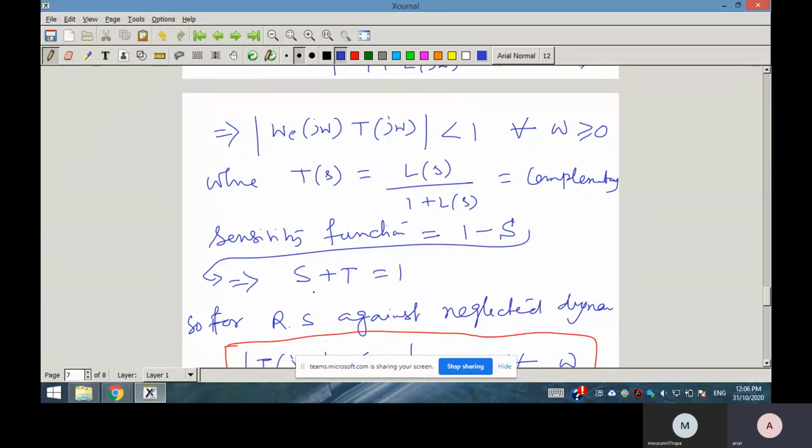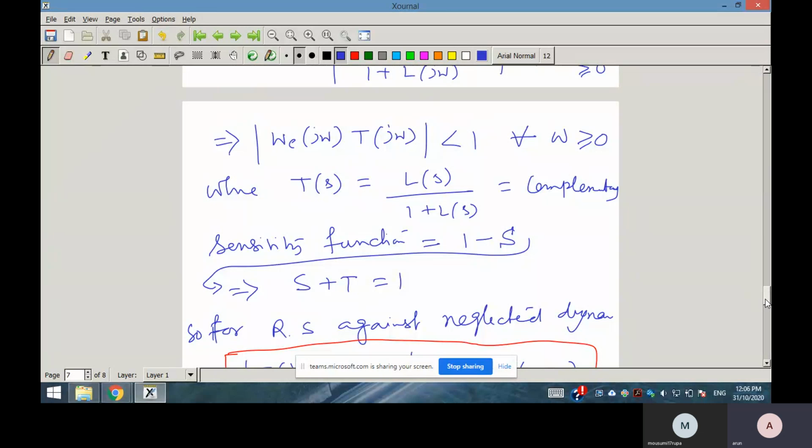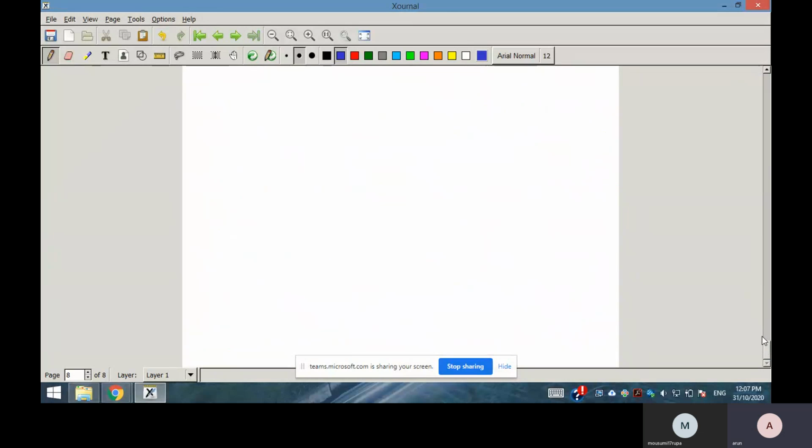Otherwise, this constraint S plus T equal to 1 causes a lot of problems. You cannot reduce both simultaneously. That is the waterbed problem. If you minimize the peak of S j omega, the peak of T j omega will increase, so we have to trade off between the two.